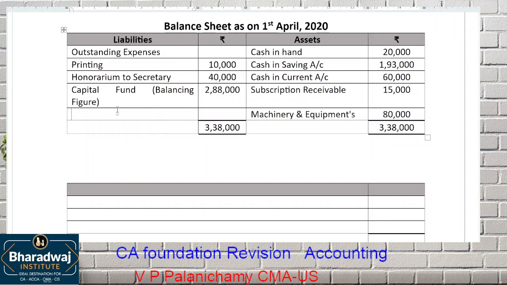Otherwise you have to show checks not paid on the liability side. If you show cash in current account as 60,000, then checks unpresented you have to show on the liability side. How much? 30,000.